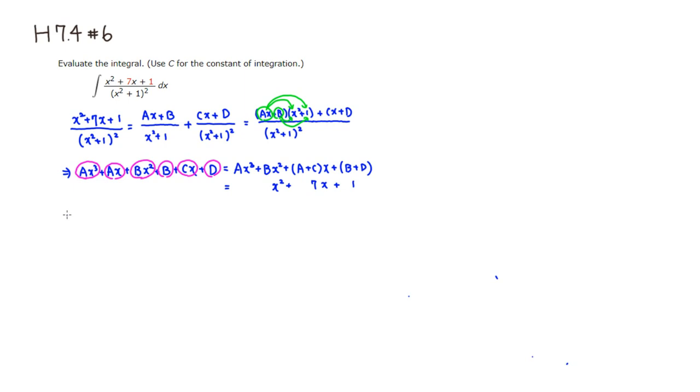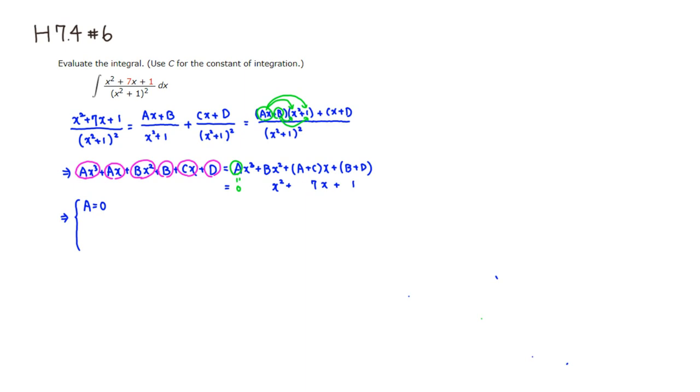From there, we can find a bunch of things here. Comparing this, since there's no x cubed term on the other side, a is going to be 0. So here, a equals 0.